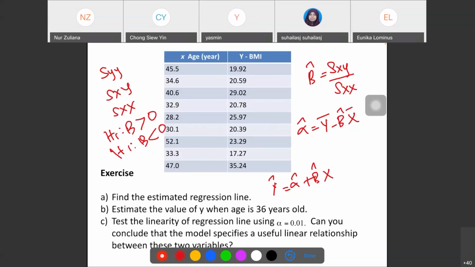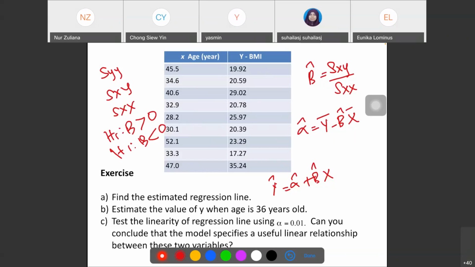Okay, so we give you your x value, age in years, and then y is your BMI. That means BMI depends on your x variable. Now use your calculator, find directly the value of your alpha and also your beta.